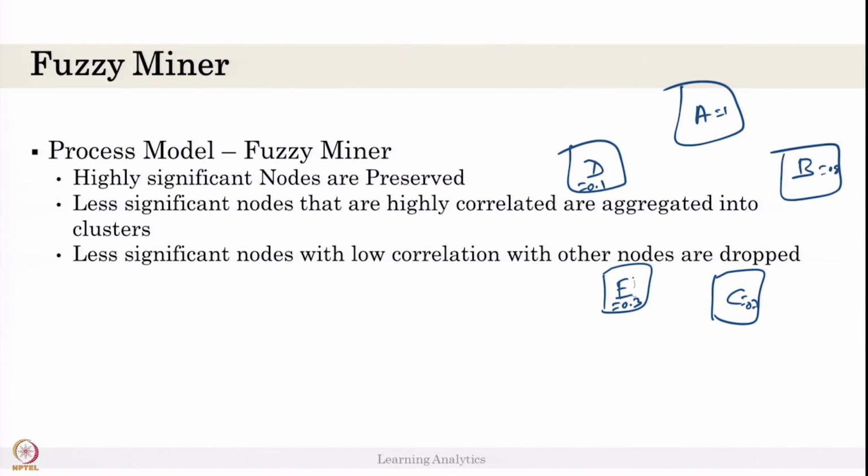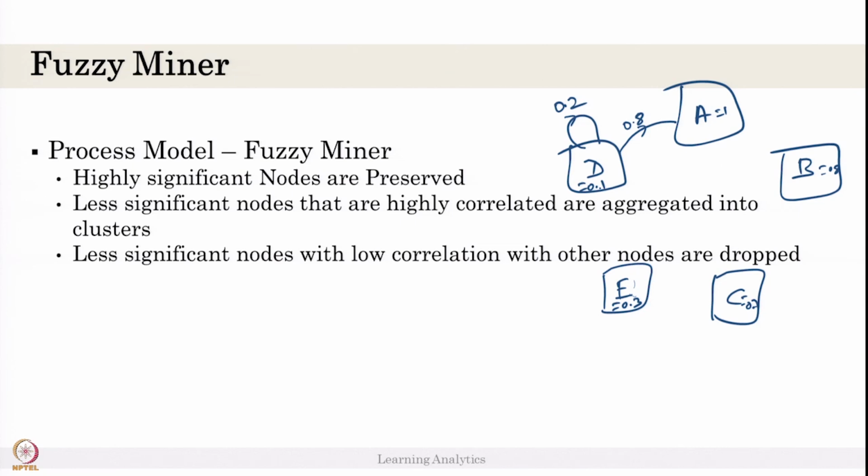For example, the relation between these 2 is say 0.8, oh sorry, 0.2. So, this particular node is less significant, but it always occurs.